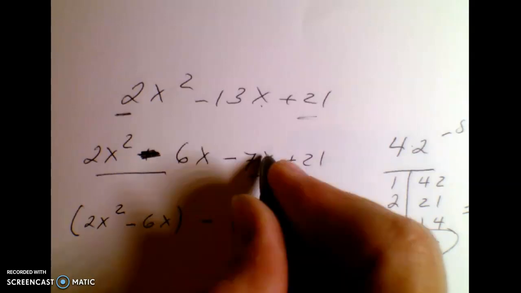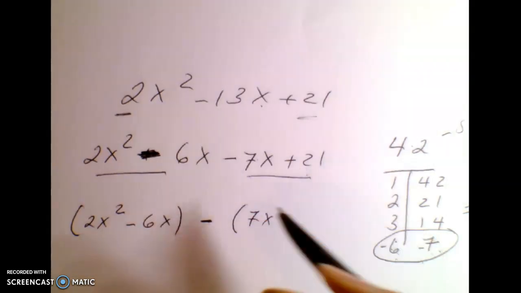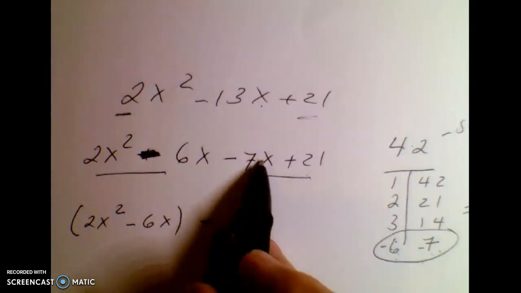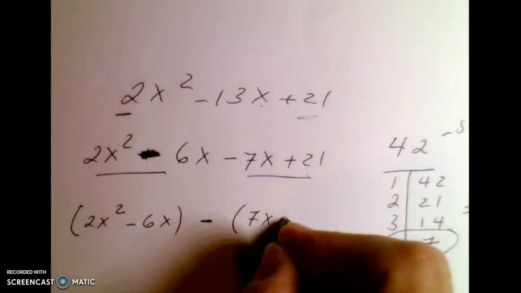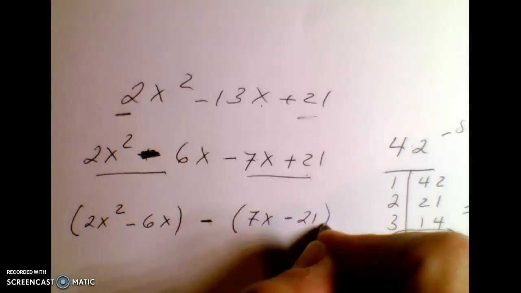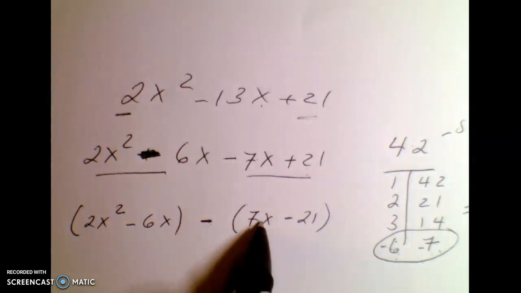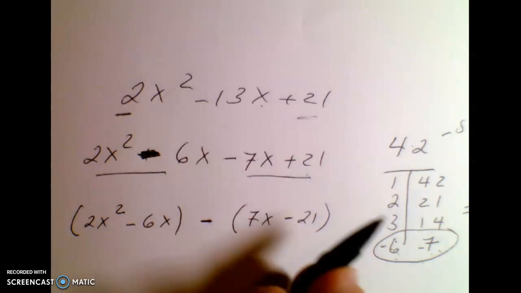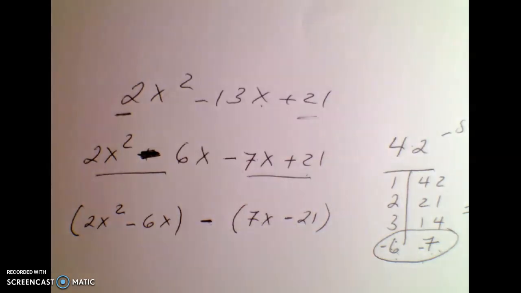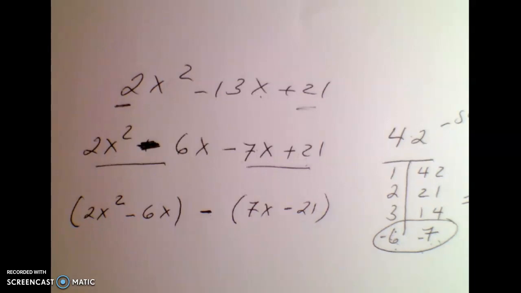Well, that makes sense because that's going to be minus 7x. But this is a positive 21. The only way we're going to make that a positive 21 is if we do this. Because this says, give me the opposite of that, negative 7x. Give me the opposite of that. It's positive 21. All right, so now I've grouped everything together.